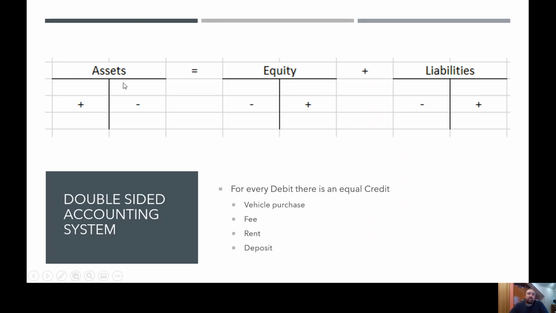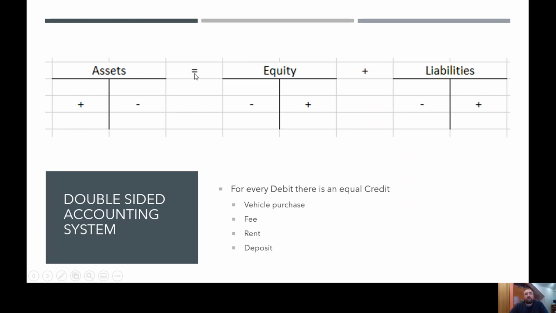And I've drafted them into a little T account format. And now we start to look at on which side do these T accounts increase and where do they decrease. So the easy way to remember it, if you can just remember that an asset increases on the debit side and it decreases on the credit side.